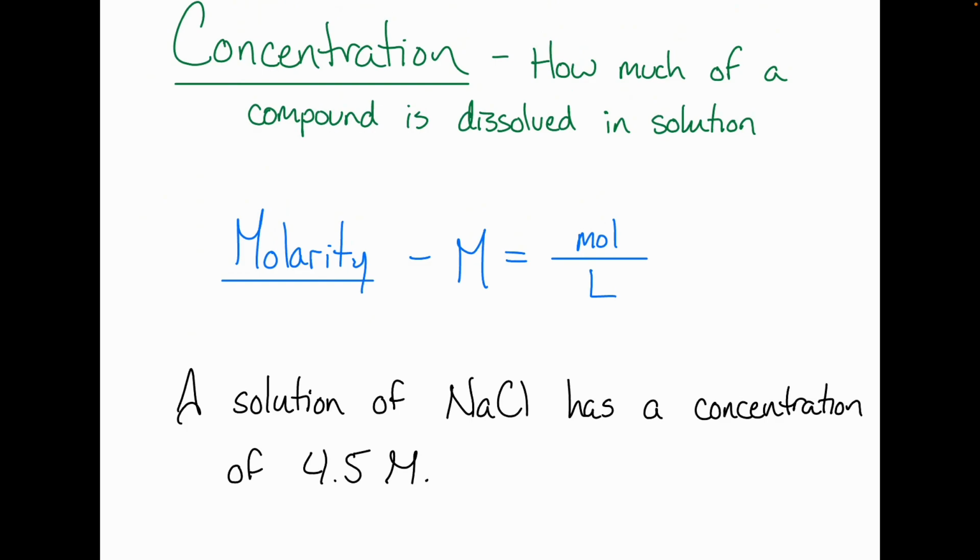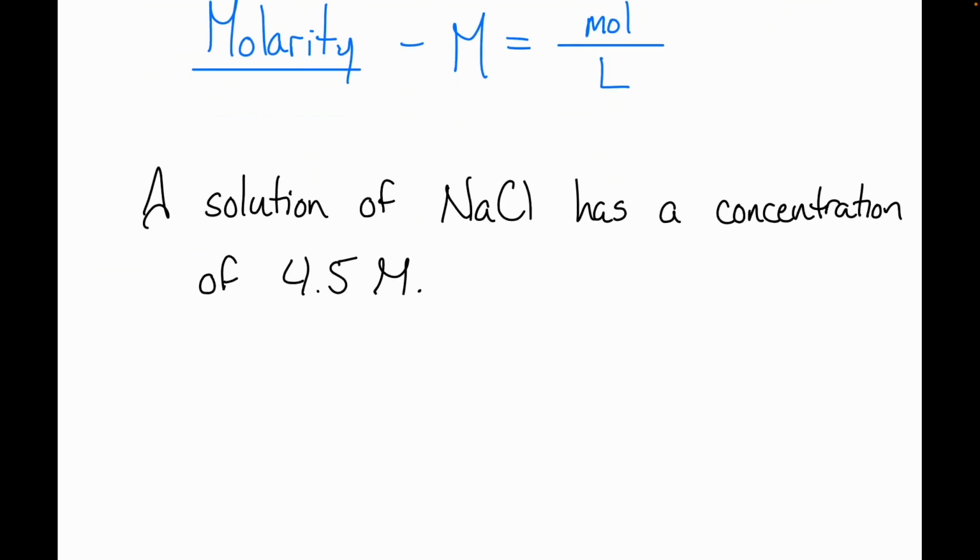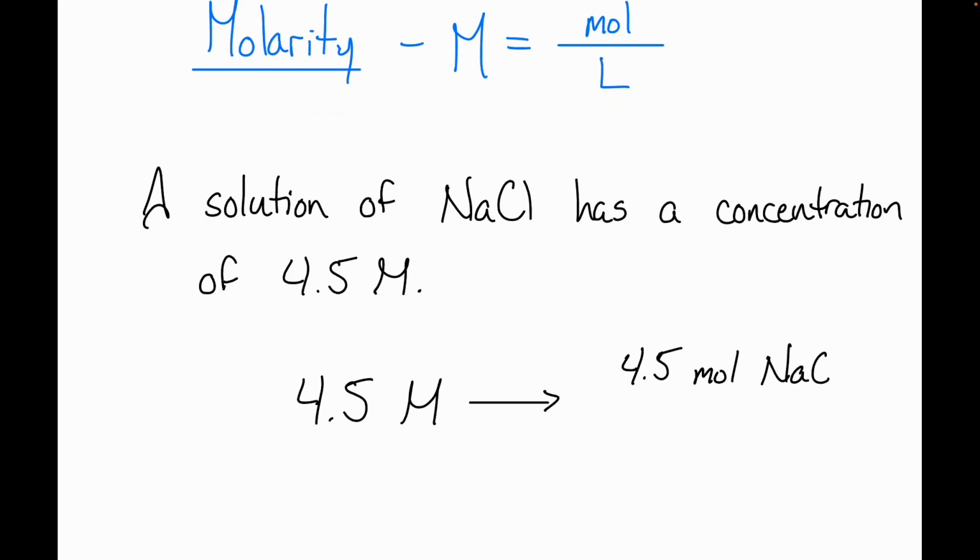It's telling me how much sodium chloride there is dissolved in that water. And what this 4.5 big M is telling me is that there are 4.5 moles of NaCl in 1 liter of that solution.